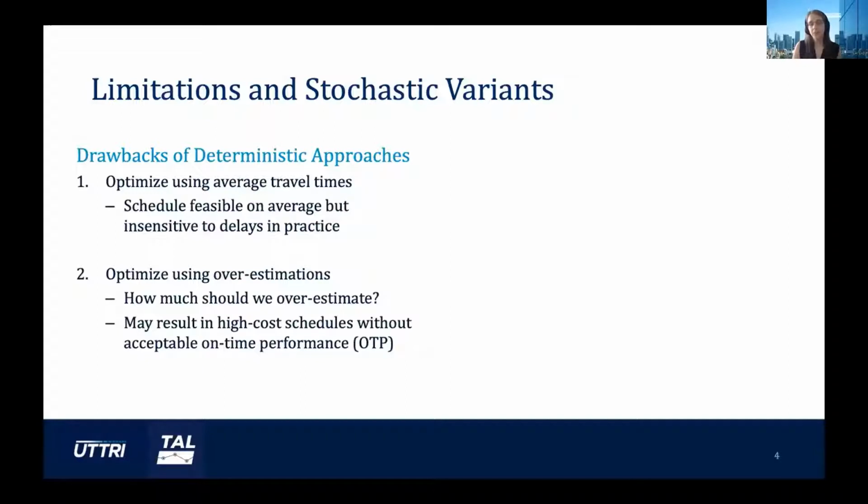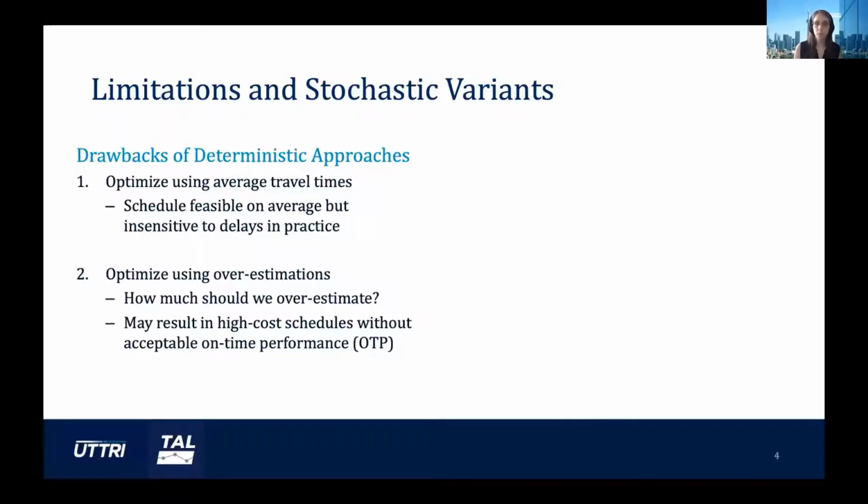The other thing that people usually do in practice, knowing that the average times are not very good, is use over-approximation. So we say, okay, the average time is, I don't know, 10, but I'm going to over-approximate it to 15, to have a little bit of slack to make sure that I don't have that many delays. But the problem here is, how much do I overestimate?